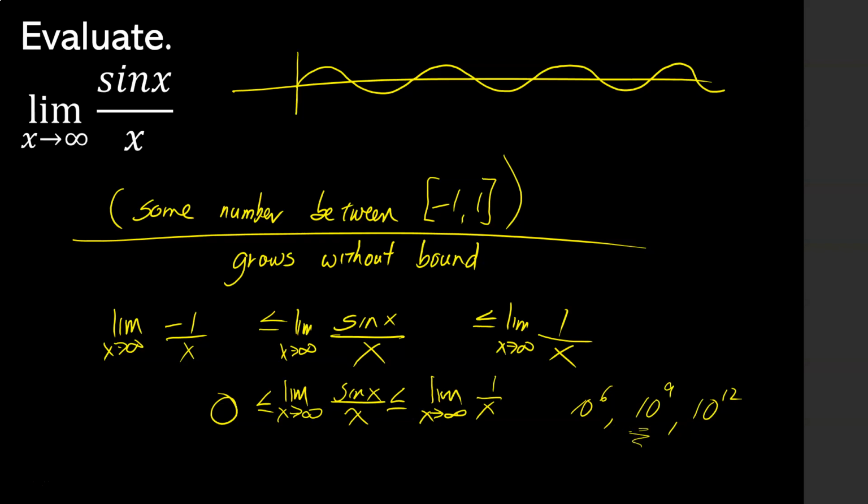I counted that on my fingers. And then 1 divided by a trillion is 0.000000000001. I think that for sure is approaching 0 as well. So we can say the limit as x goes to infinity of sine of x over x is definitely 0.